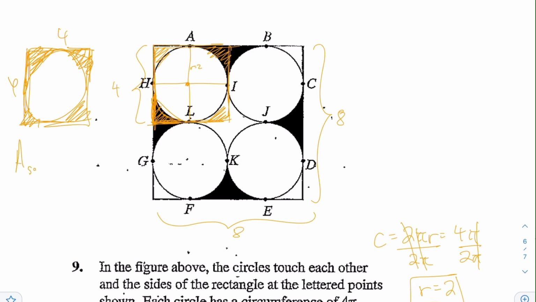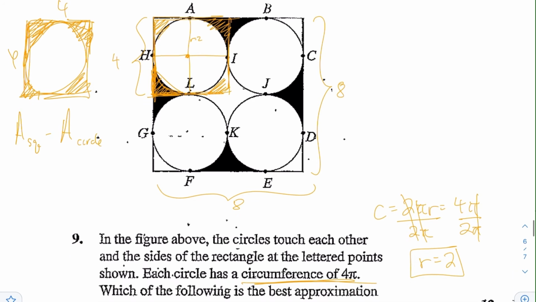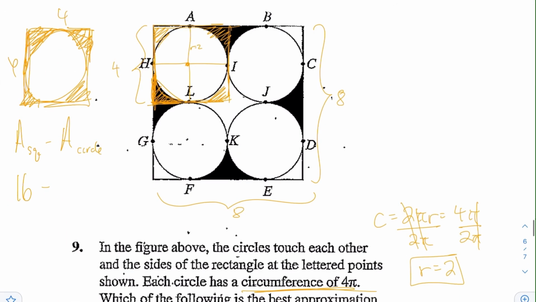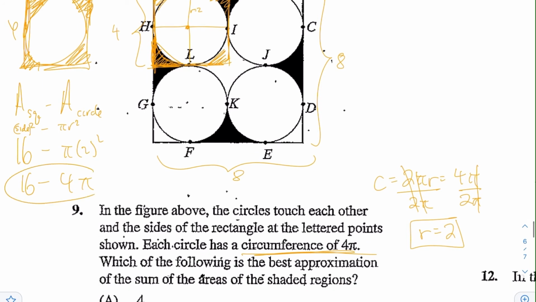The area of the square is 4 times 4, or 16, and the area of the circle is pi r squared. The radius is equal to 2, so this is pi times 2 squared. This is 16 minus 4 pi. And that's equal to 4 of these shapes.